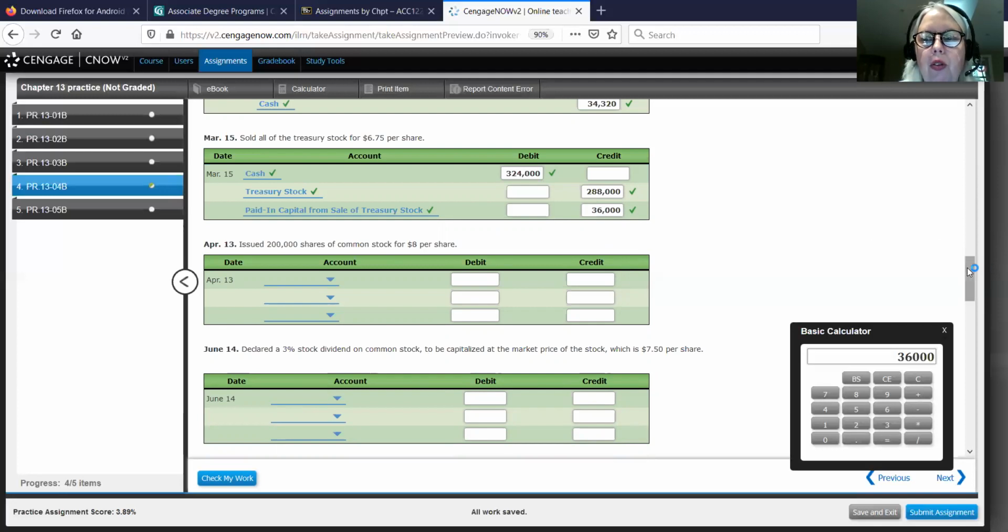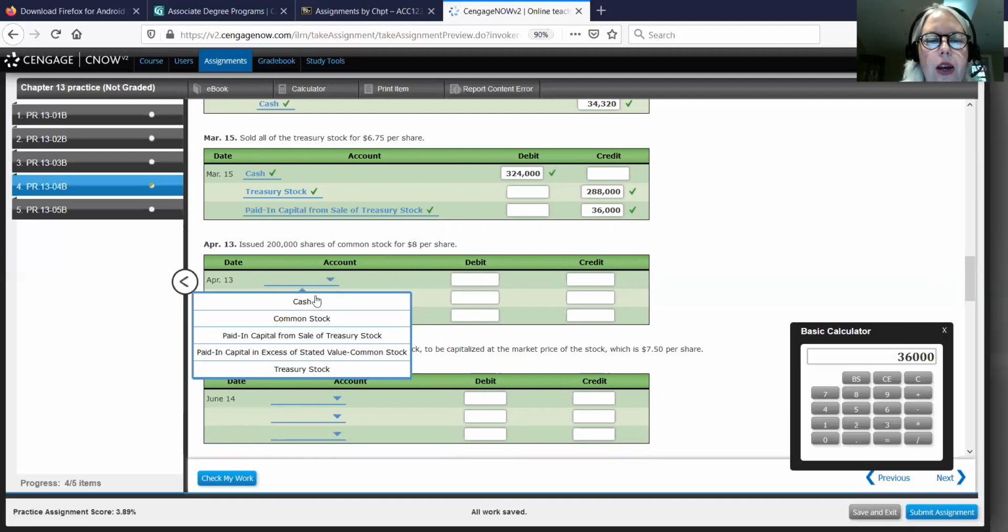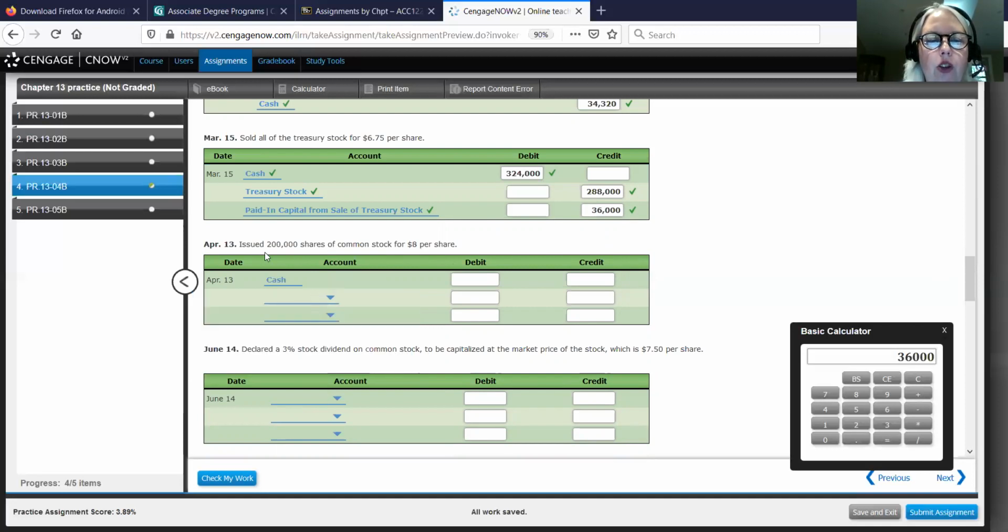On April the 13th, we have issued 200,000 shares of common stock for $8 per share. So we're going to debit our cash, because when we issue common stock, we're really selling the stock. We sold it for $8 a share.